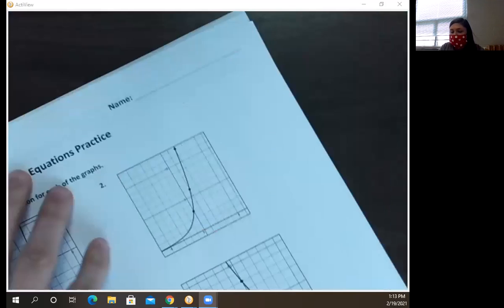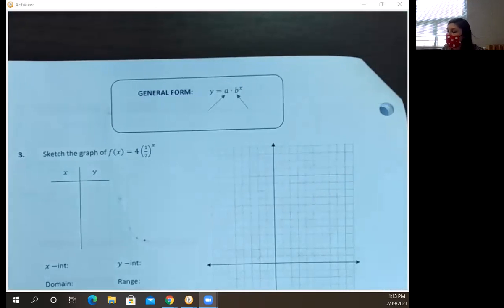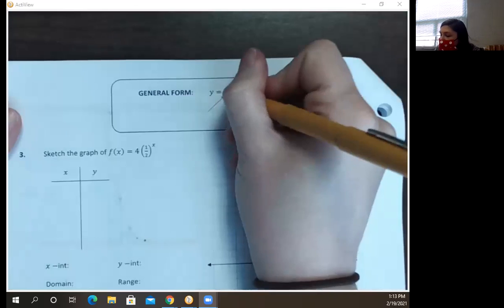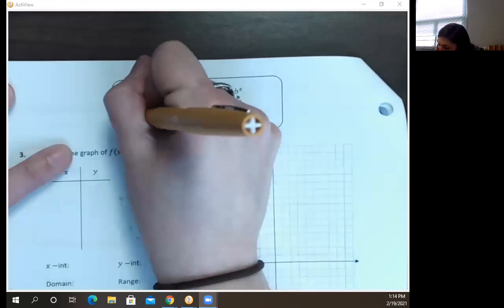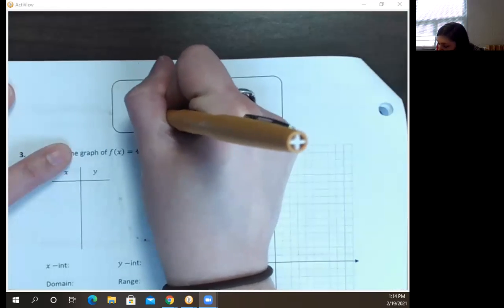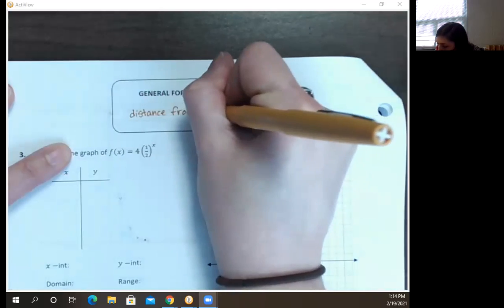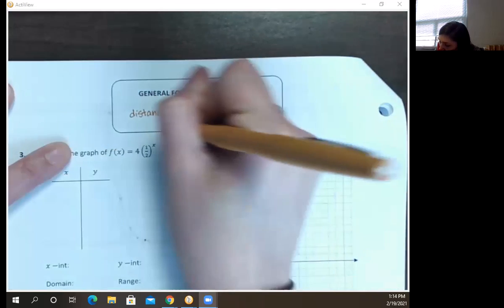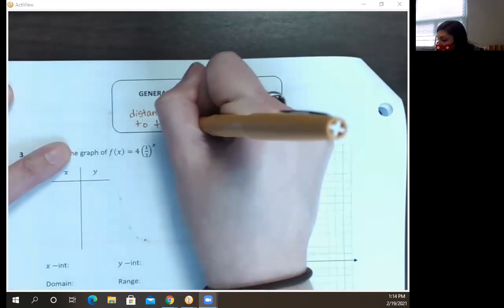Turn to the next page for me. And then we're going to summarize some of the things that we just saw. So that number in front, when we were writing those functions the other day, it was that initial amount that we had, that initial value. This is the distance on our graph from the y-intercept to the asymptote.